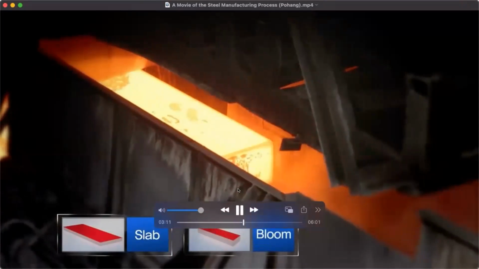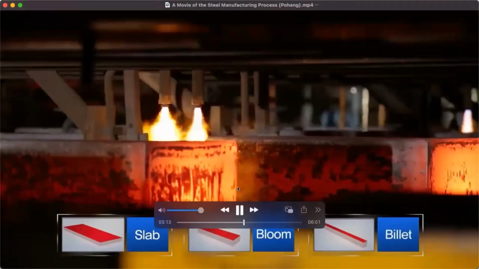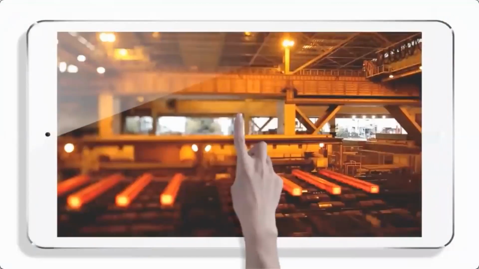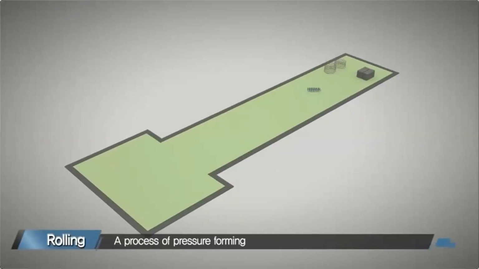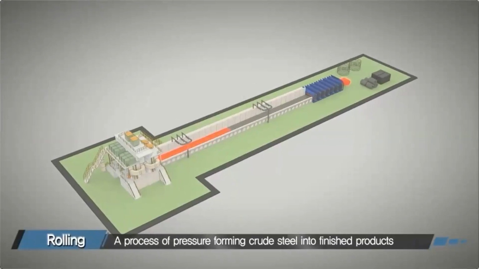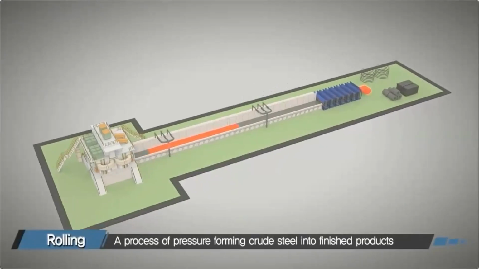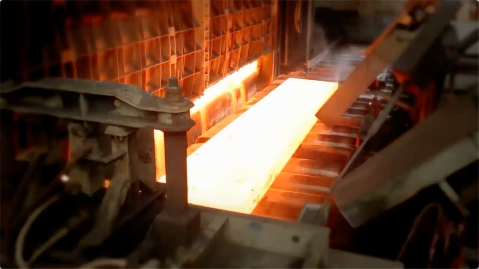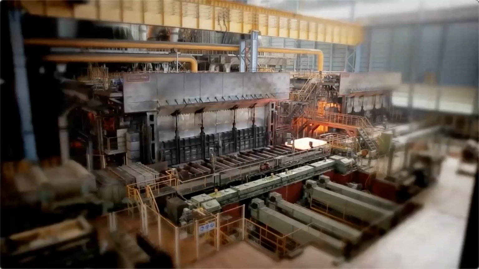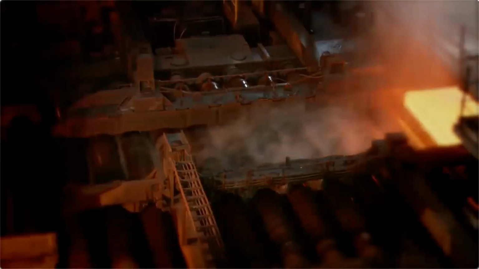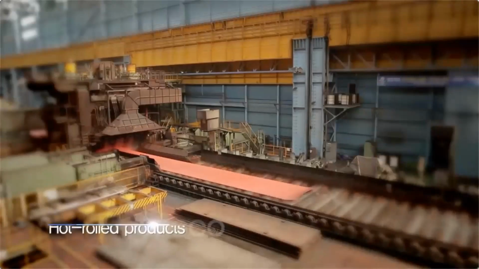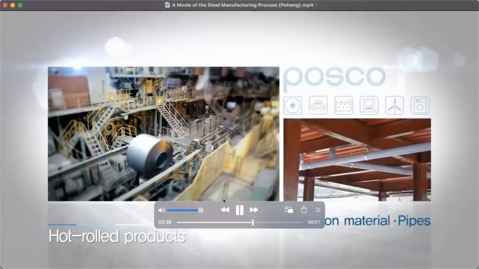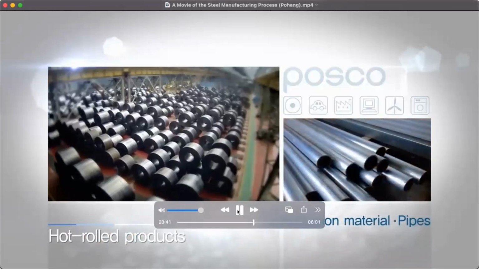Blooms are rectangular bars. And billets are thinner square bars. The final stage of producing steel is the continuous casting process where steel is forged into various steel products. When a hot slab is heated above 1,100 degrees Celsius and passed between rollers, it turns into a thin and long steel sheet. This hot rolled product is used widely as construction materials and pipes in various industries.